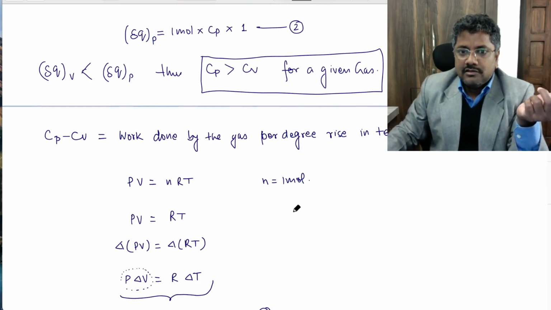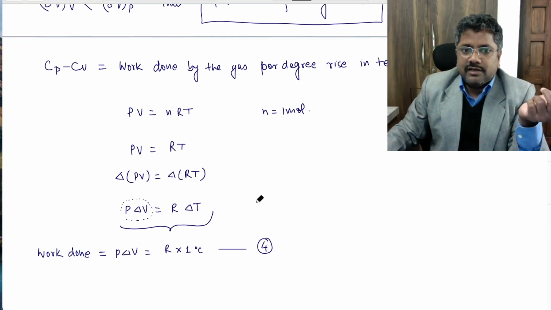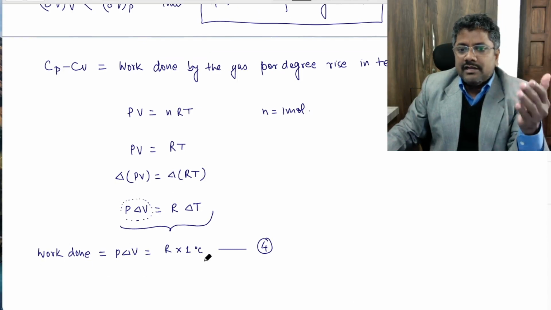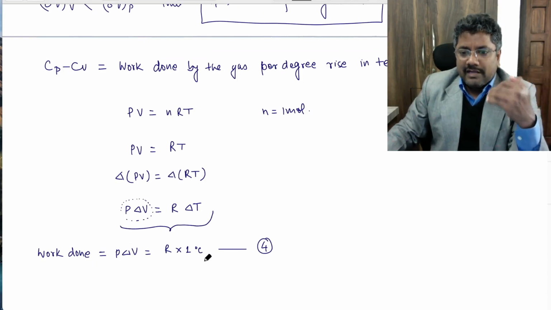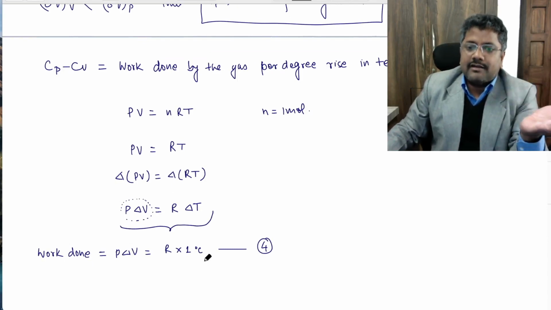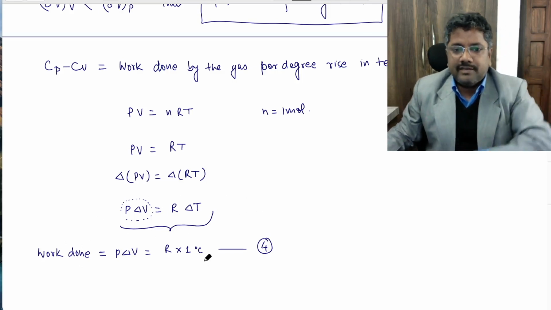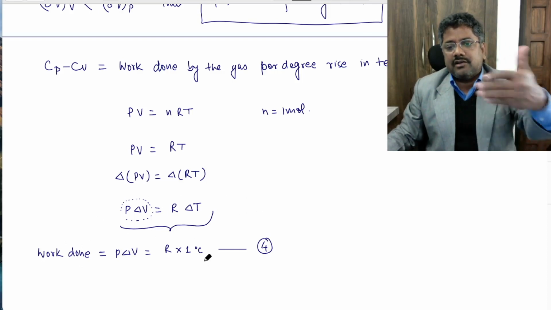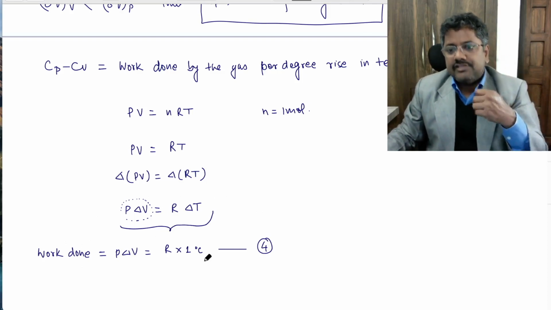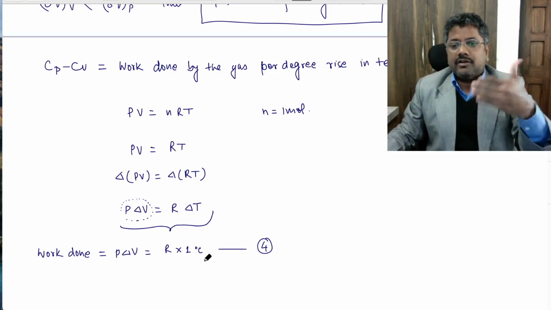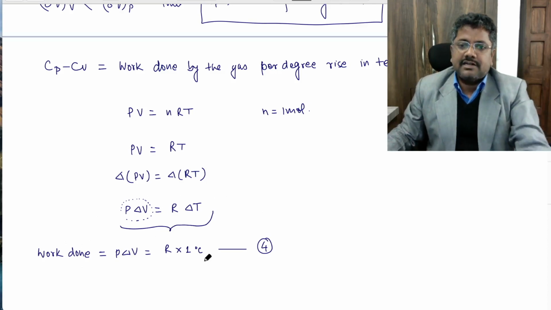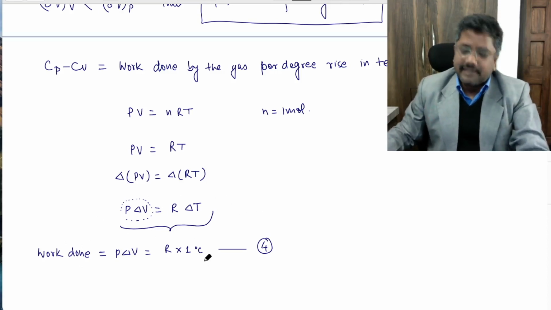But the energy for this work done is provided by the external source, heat Q. So part of Q is converted into temperature change, and part of Q that we have provided under constant pressure condition is consumed to raise the temperature.